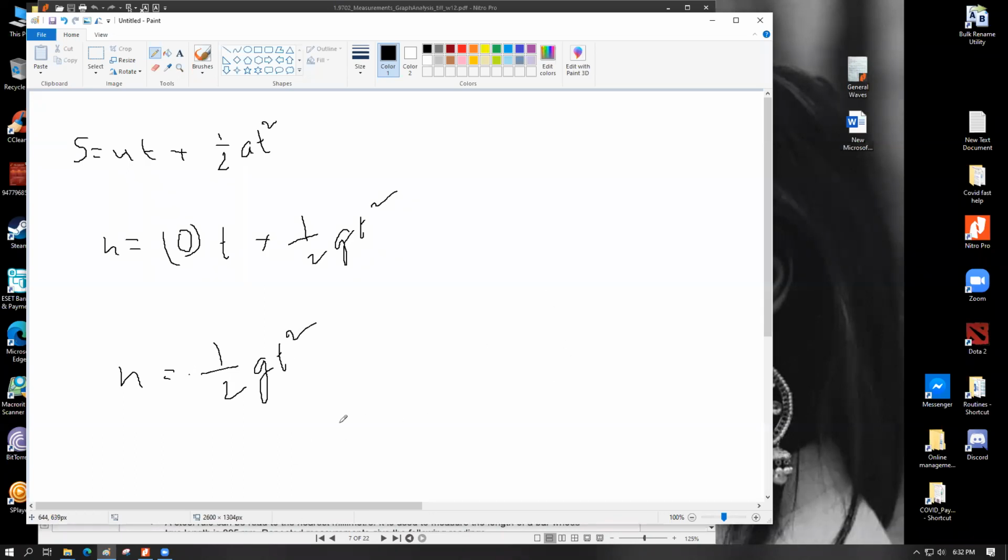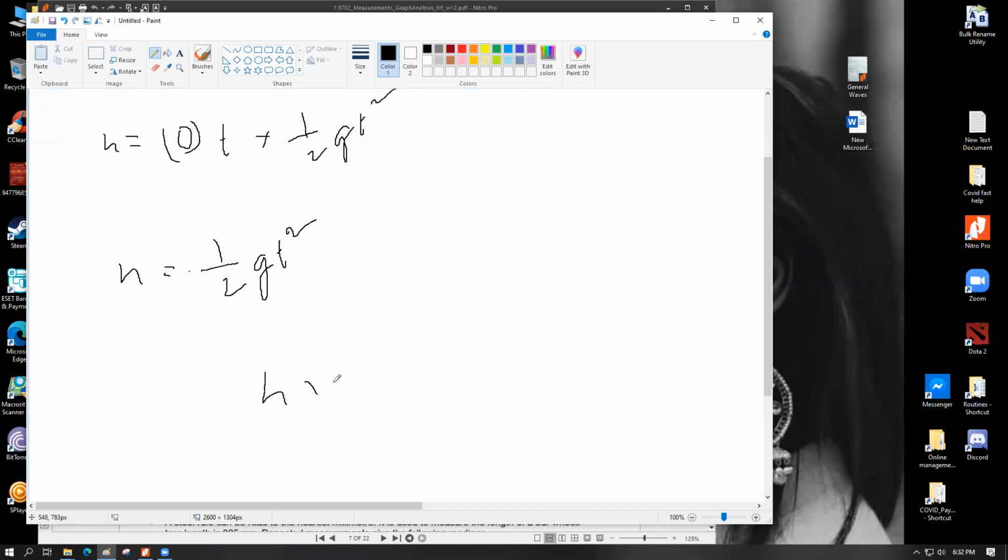Now have a look. Whenever you are going to plot a value of h versus t squared, you are going to plot this graph. h is becoming your y-axis variable. This entire t squared is becoming your x-axis variable, because you are plotting h versus t squared. So h is the y-axis variable, and t square altogether, not t only, is the x-axis variable.